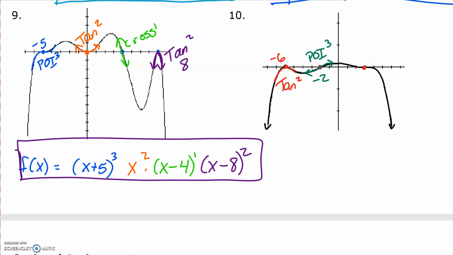Our next one is going to start off here and then kind of wiggle and come on down, so that's going to be a point of inflection as well. Alright, so this function, let's go ahead and go to black, is f of x equals our term x plus 6, and then since it's tangent, that would be squared, times x plus 2 cubed, and I'm going to run out of space, so I'm going to move this over here.